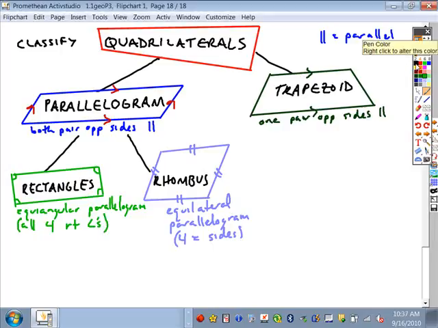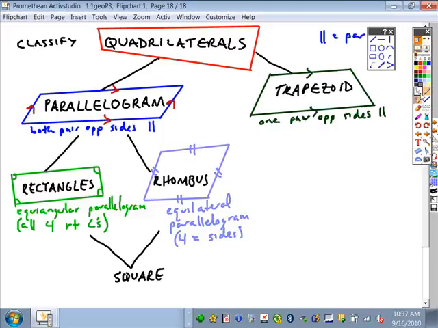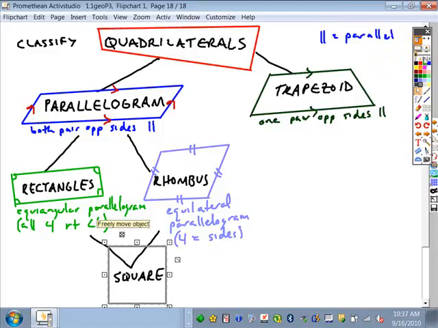And now, if we were to combine this and take a parallelogram that was both a rectangle and a rhombus, what shape are we looking at? Square. And so when you look at a square, it's both a rhombus and a rectangle.